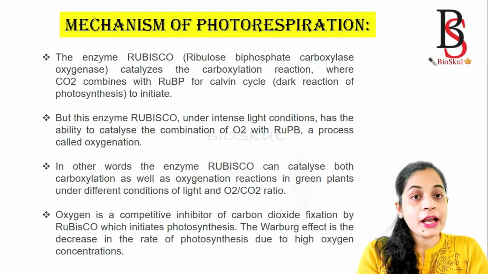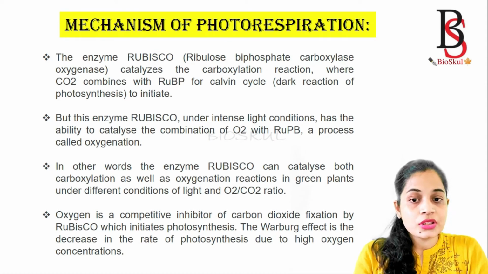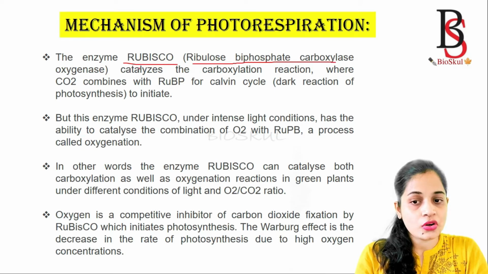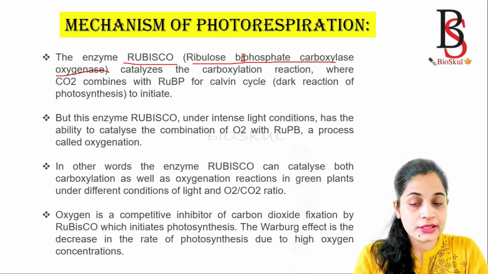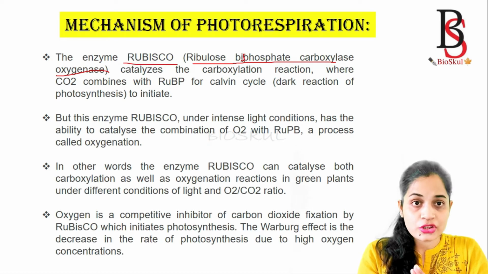Now we'll see the mechanism of photorespiration. The enzyme known as RuBisCO, whose full form is ribulose bisphosphate carboxylase oxygenase, is the most abundant enzyme on earth and it is a bifunctional enzyme.